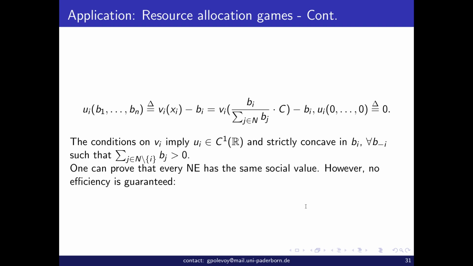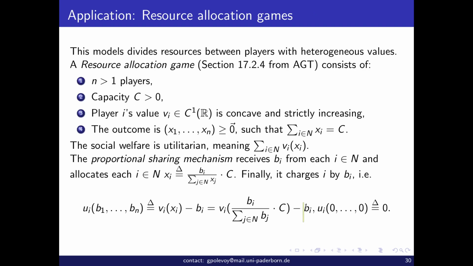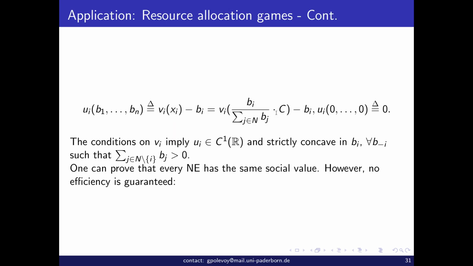And the conditions on Vi, which I remind you are continuous, differentiable, concave, and strictly increasing, imply, we can show it, but we don't show it now in the lecture, that Ui is also continuously differentiable. That's trivial because Ui is simply a composition and then minus some bi.